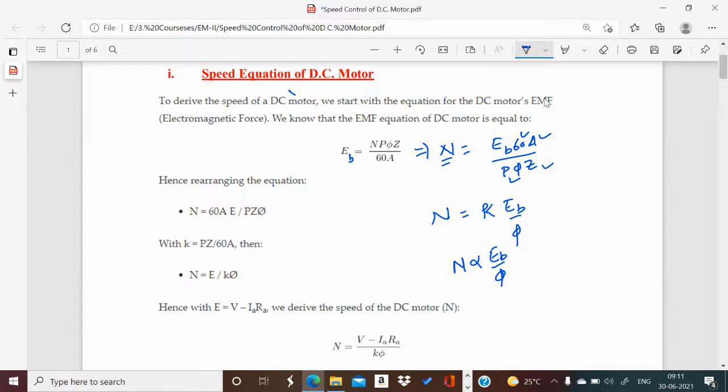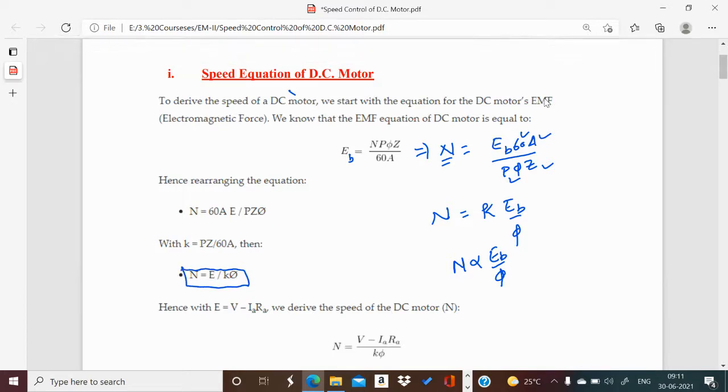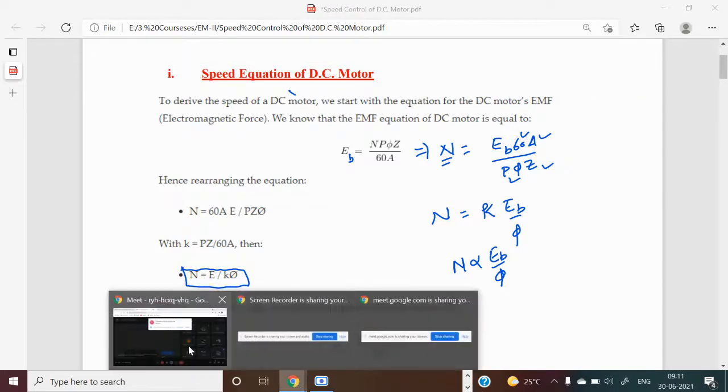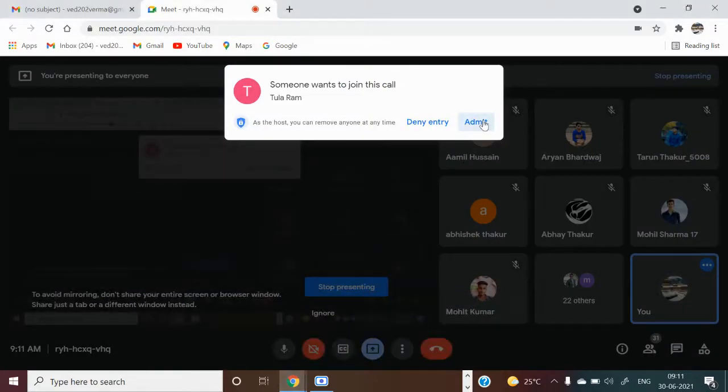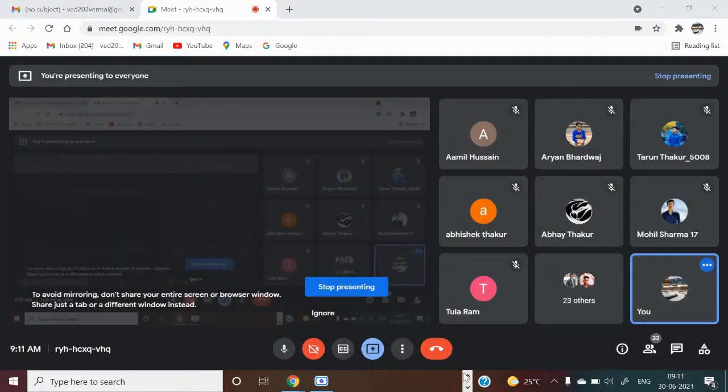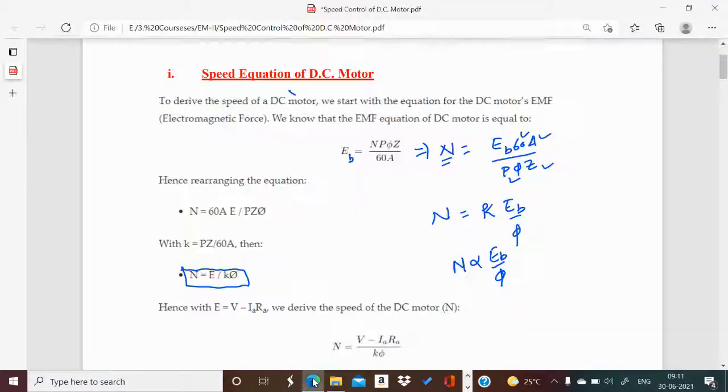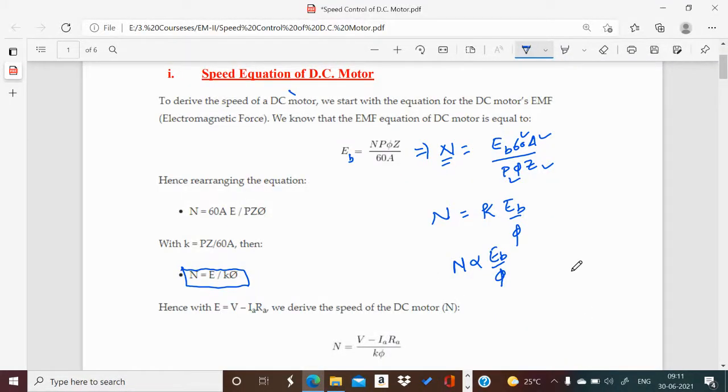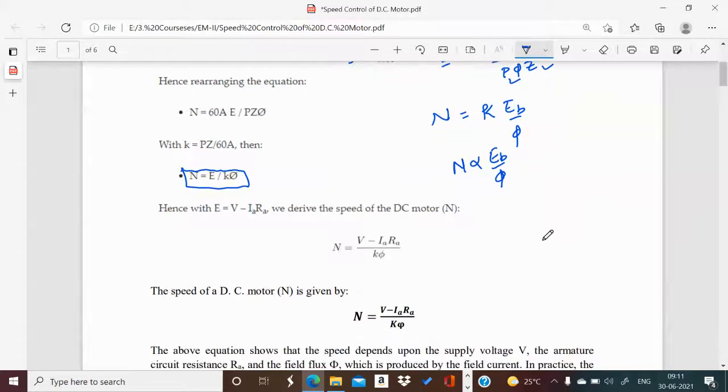This will be the required relation for speed.